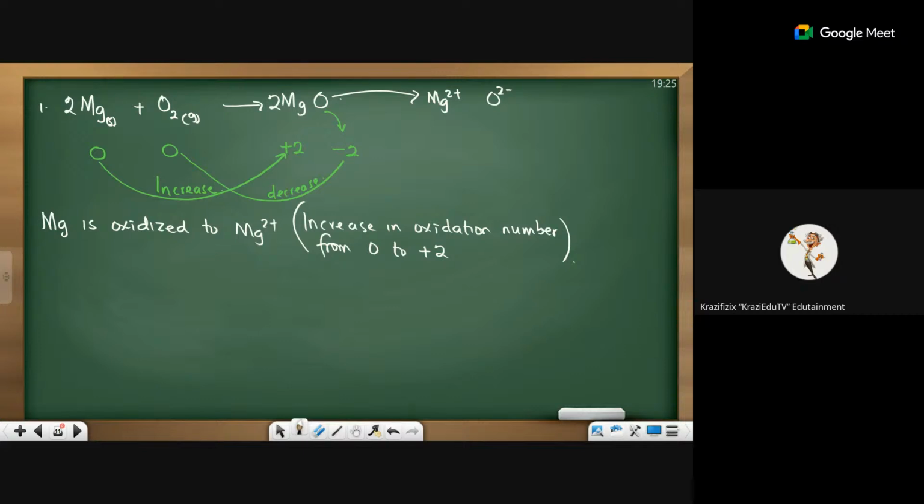Make sense? Therefore, magnesium is a reducing what? Agent. Whatever is oxidized becomes the reducing agent. Take note. Magnesium was oxidized to Mg2 plus. Why? Magnesium changes oxidation number from 0 to positive 2.